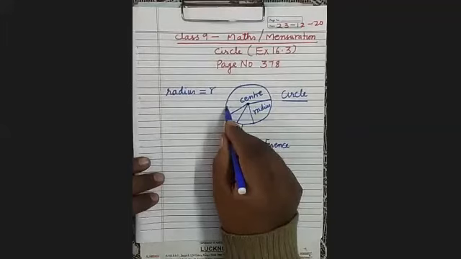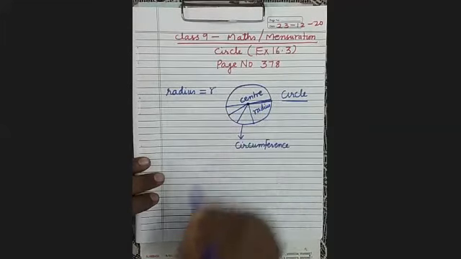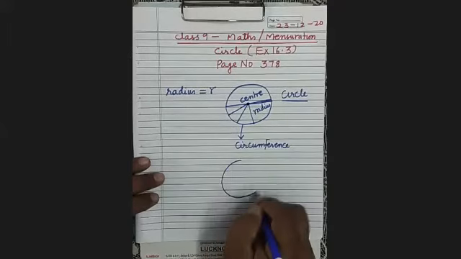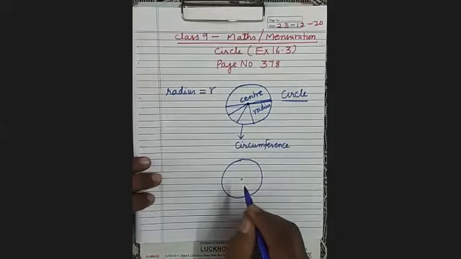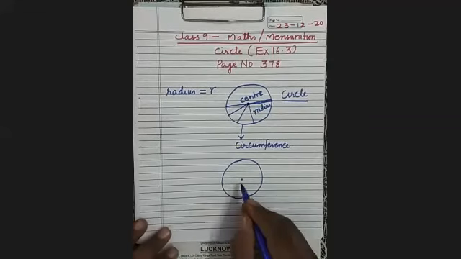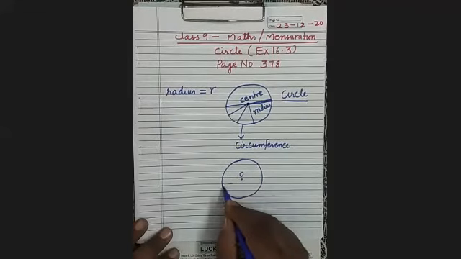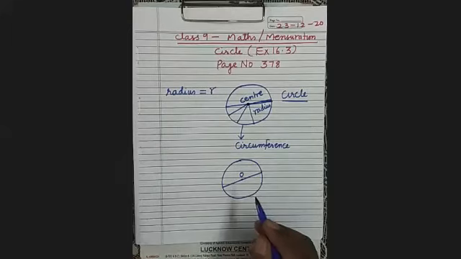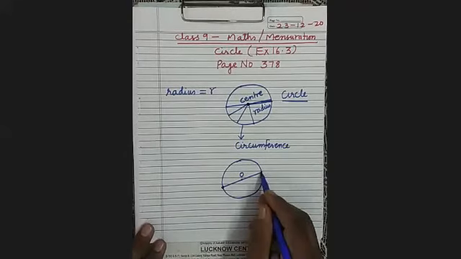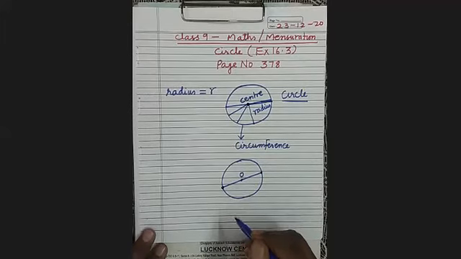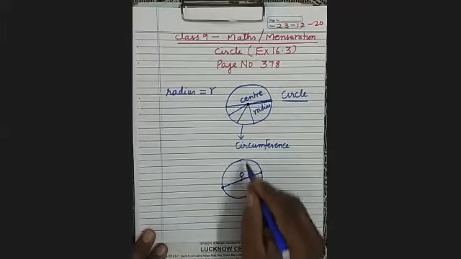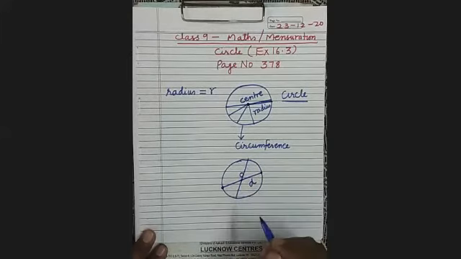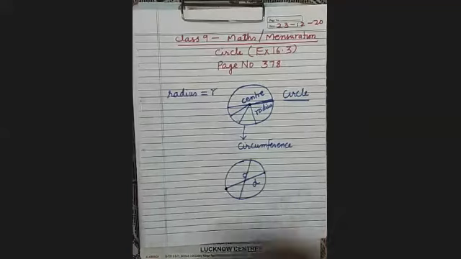Now you can see this is the diameter. It's clear. What is diameter? Any line segment joining two points on the circumference and passing through center is called diameter. This is the diameter. This is also called the diameter. If you join any two points of the circumference and it passes through the center, then that is called the diameter.